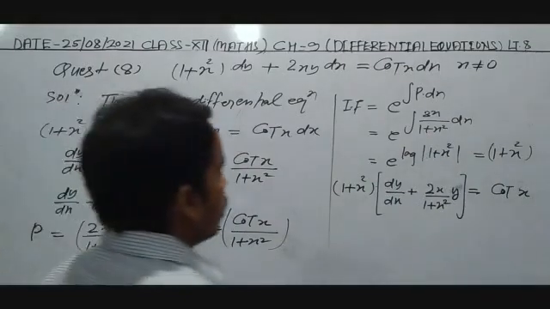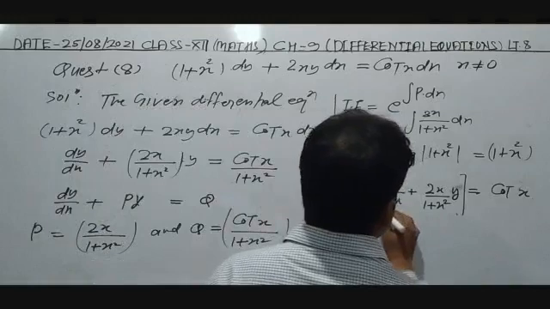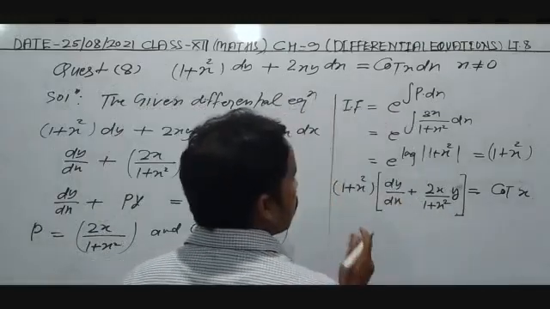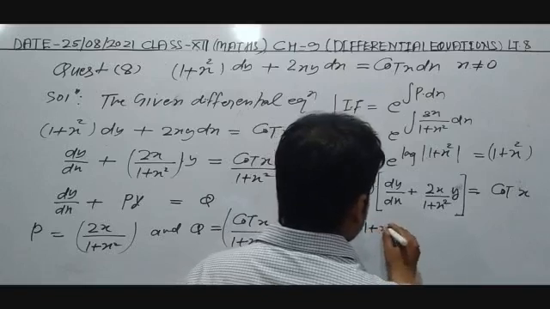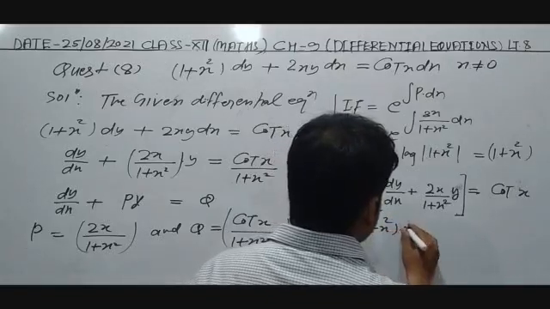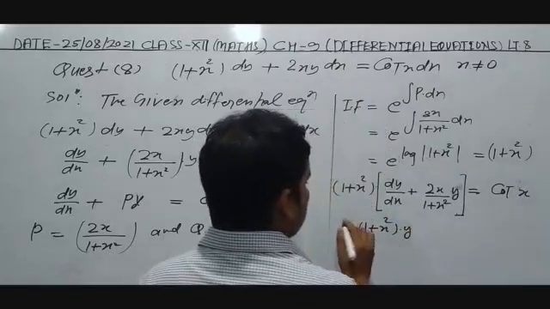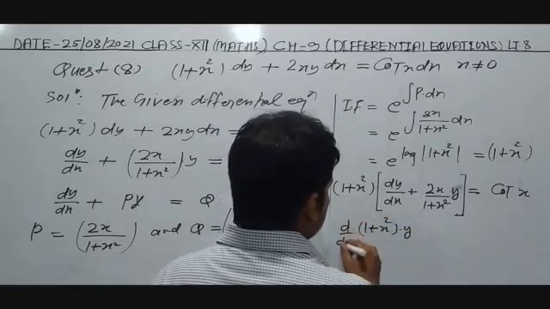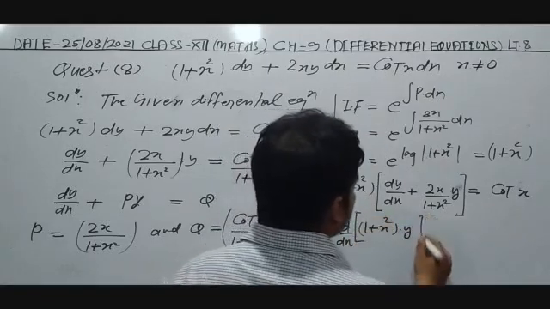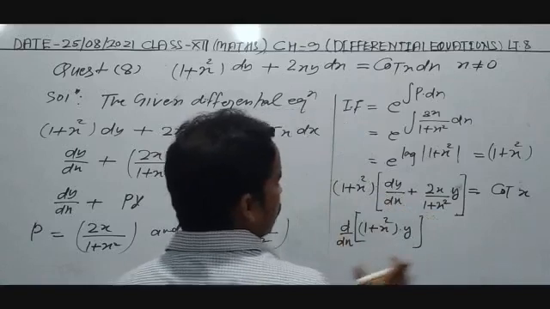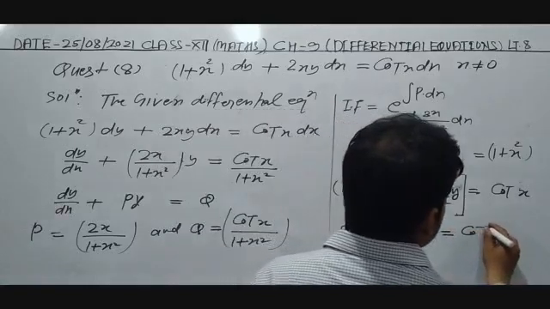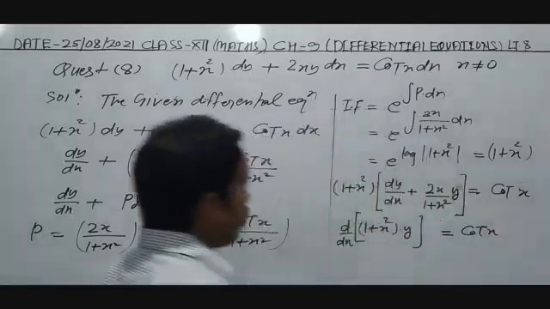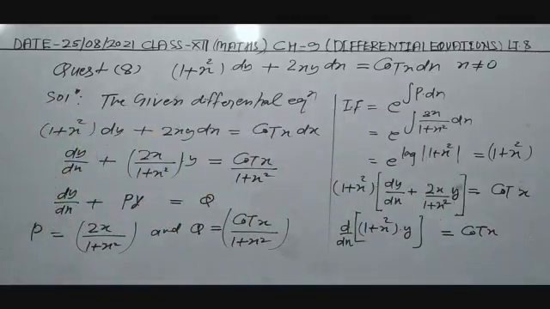Now the left side is the derivative d by dx of (1 plus x square) times y, and the right side is cot x. Now we have to operate the integration sign on the left and right.